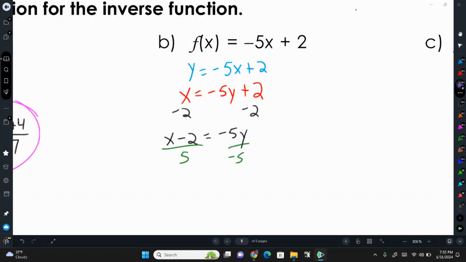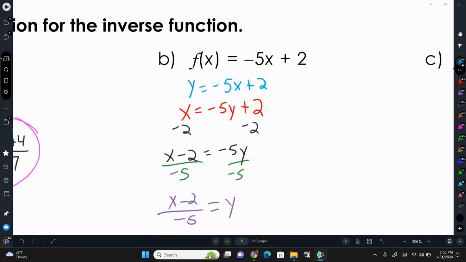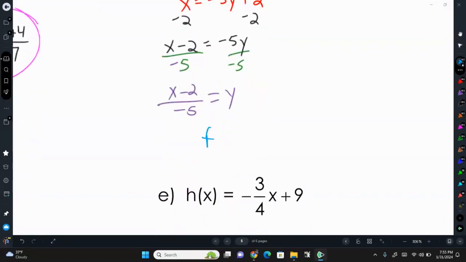So that gives us x minus 2 over negative 5 equals y. Y is now by itself, so that means our inverse. And we originally started with f of x, so it's going to be the f inverse of x is equal to x minus 2 over negative 5.